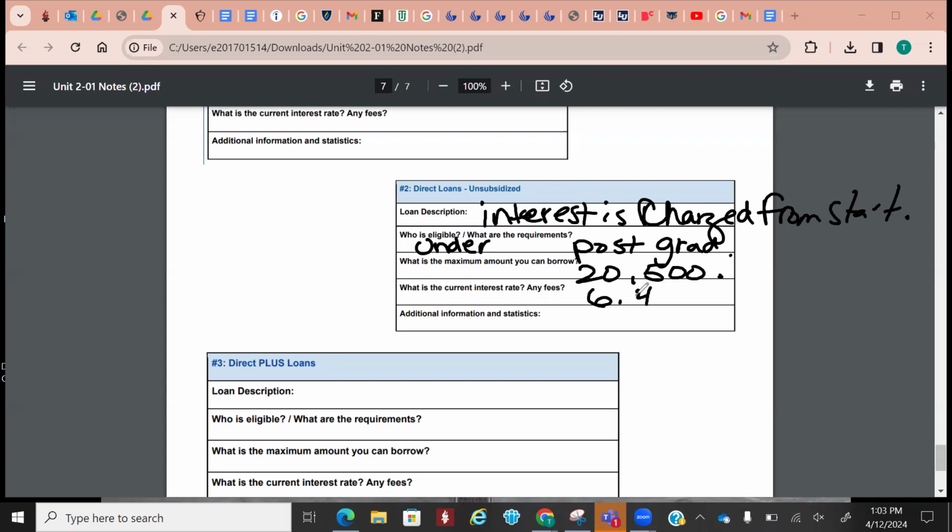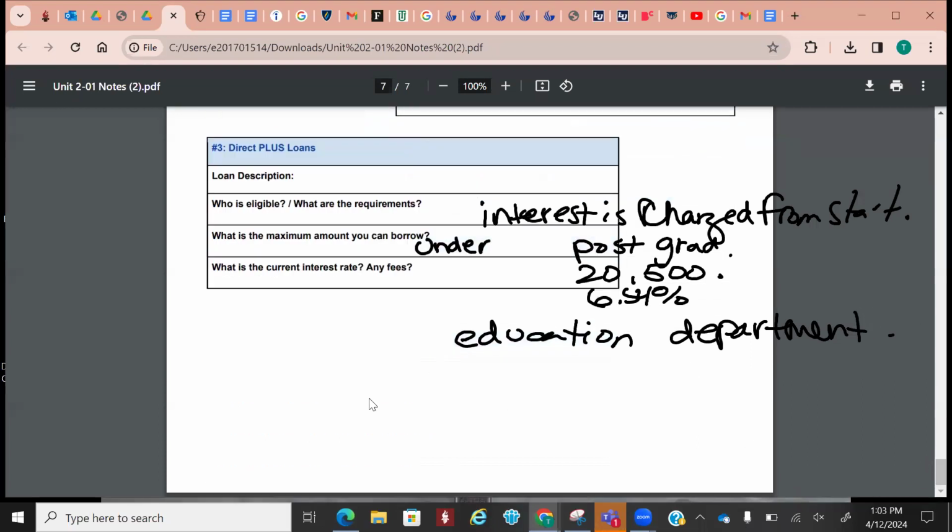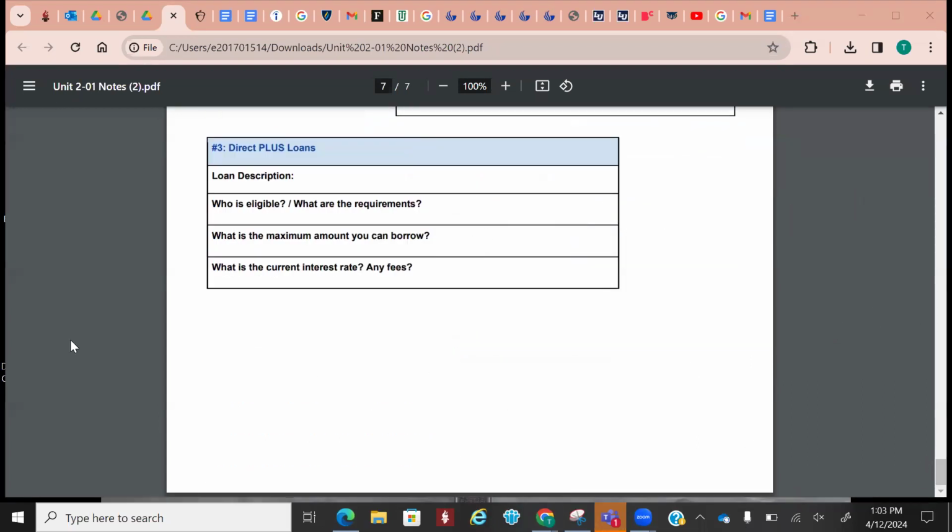And this is 6.54%. And this belongs to the education department as well. But this is where people start getting a little sticky. This is where they get that $100,000 in loans, because they take out the full amount and then they just rack it up.